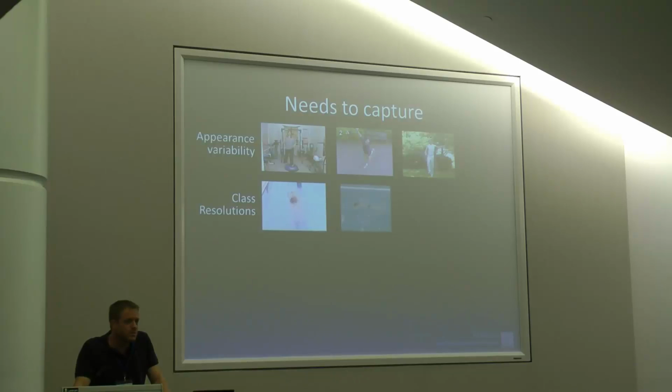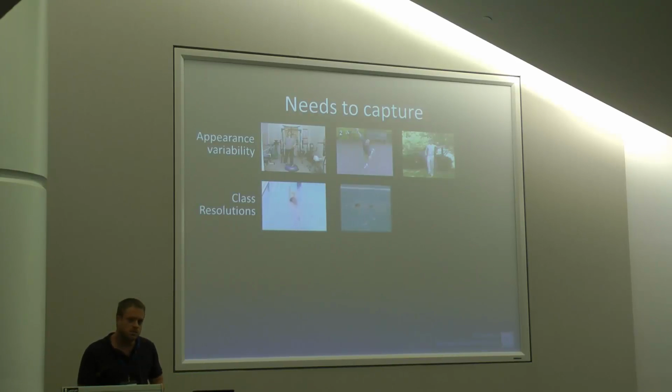One of the major problems that we had when we assembled our own benchmark, and I'll mention our own benchmark in a minute, is the issue of class resolution. And in fact, the best paper winner for ICCV was about a similar subject of class resolution in the context of image classification. I'm showing these two videos here.